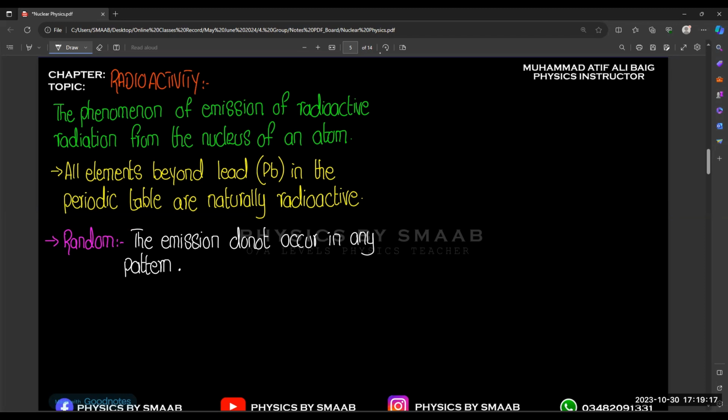So any nucleus can decay at any time. Okay, so this is the concept of random. Any confusion?